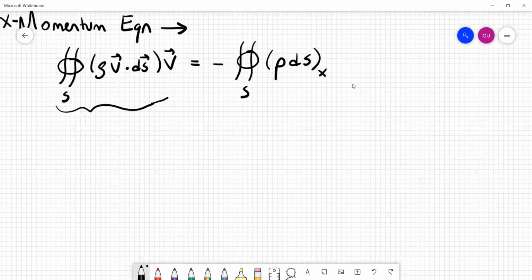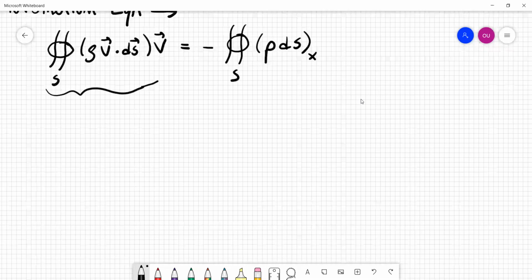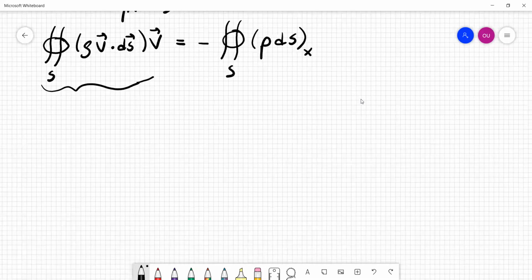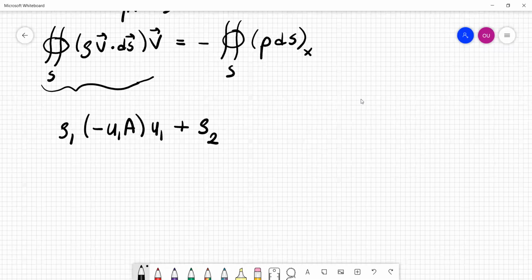So if we open up this conservation of momentum along x, we check the incoming momentum and balance it with the outgoing momentum. For example, rho 1 times minus u1 A times u1, and the outgoing momentum from the right-hand side face will be rho 2 u2 A times u2. We do have a minus sign again because of the dot product, and rho 1 u1 times A is the incoming mass flow rate.